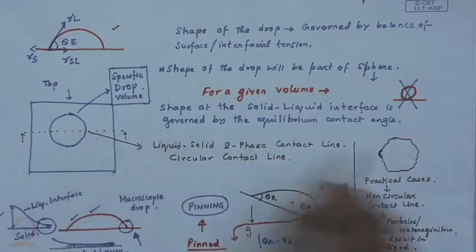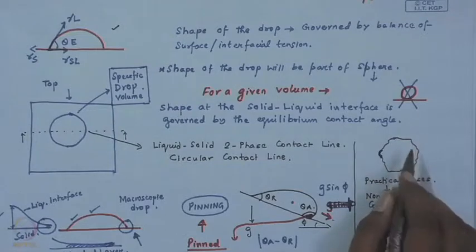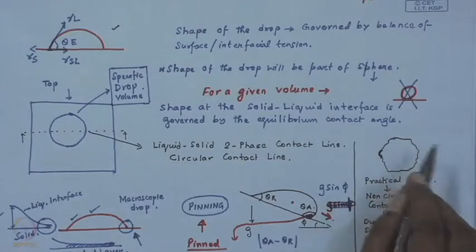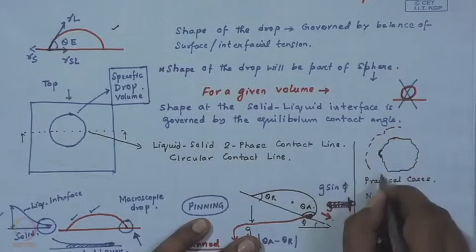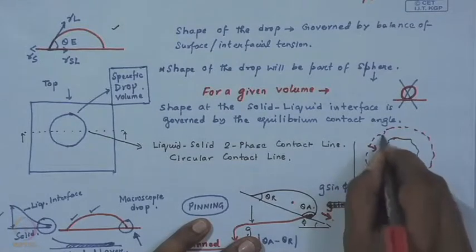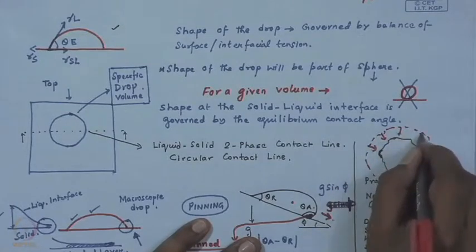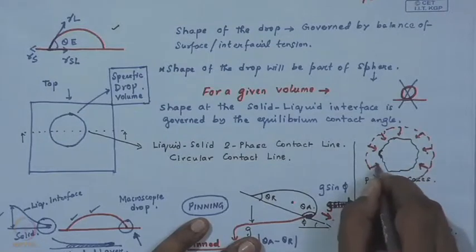Ideally, the contact line should have been a part of a circle, but due to heterogeneities present on the table or on the substrate, you will see a non-circular contact line. But even if you spread it with your hand, you will find that at certain locations it might be retracting back. That is what is macroscopic dewetting.